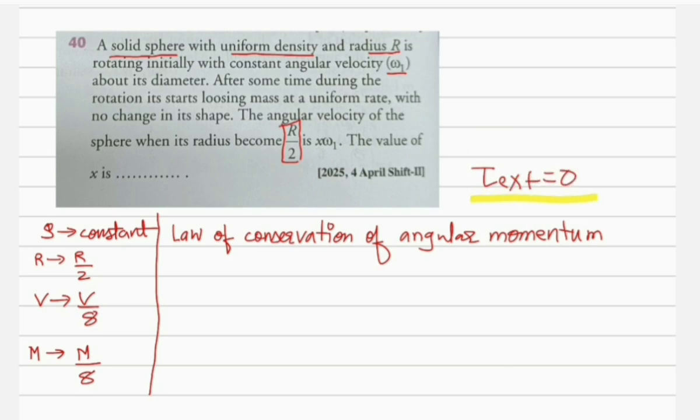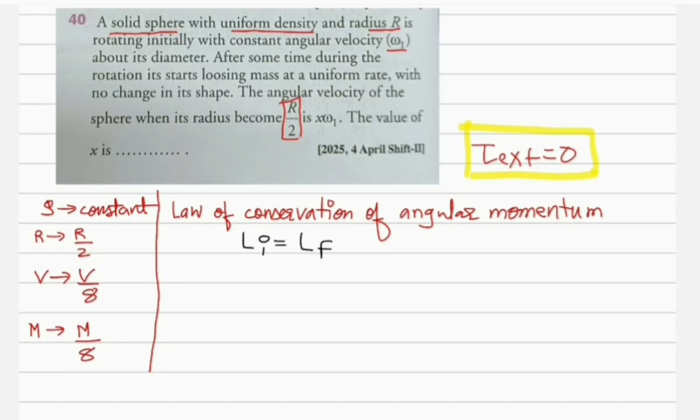The law of conservation of angular momentum says that initial angular momentum equals final angular momentum. For initial angular momentum I will use I1 omega 1, and final angular momentum L_f will be I2 omega 2.